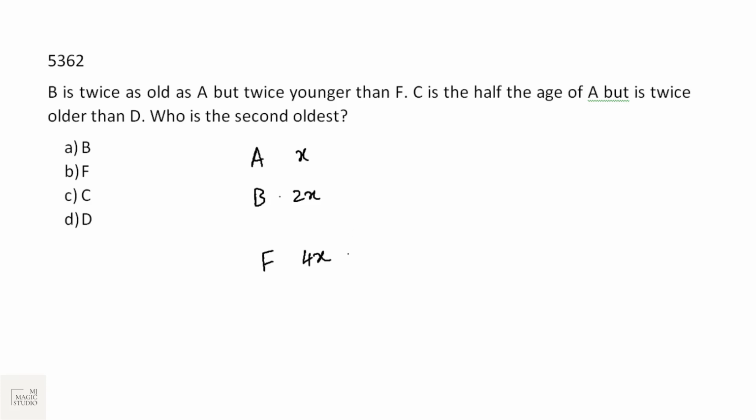B is twice younger than F. C is half the age of A, so C is x by 2, but is twice older than D. So D is x by 4. Who is the second oldest? F is the oldest. Second oldest is B. Option A is the fit.